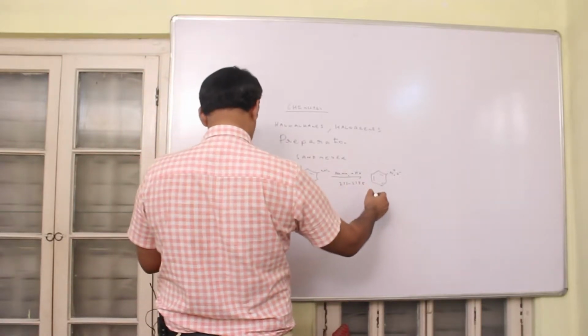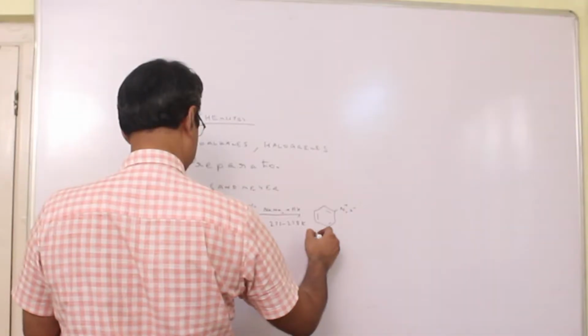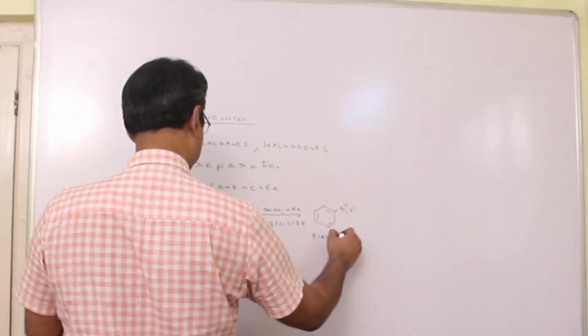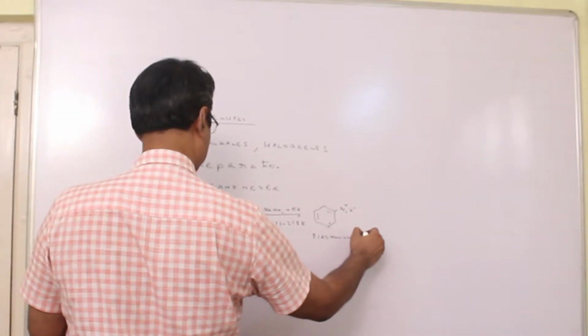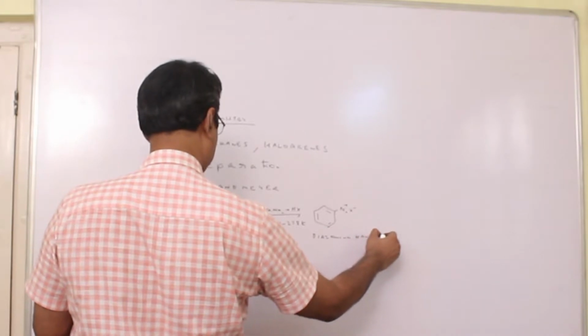So as a result, you get diazonium halide.